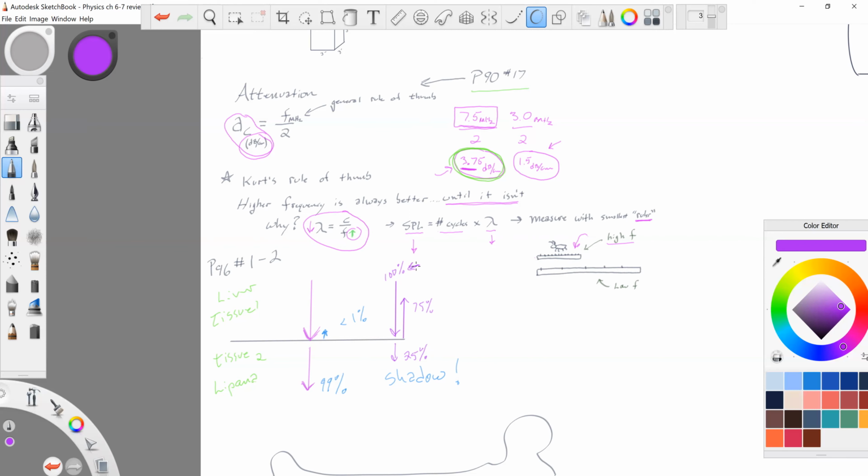So 100%, 75% reflected, 25% transmitted. That isn't much. 25% going through is not much, and 75% reflected is a lot. So you'd have a shadow, and this interface would be very echogenic.